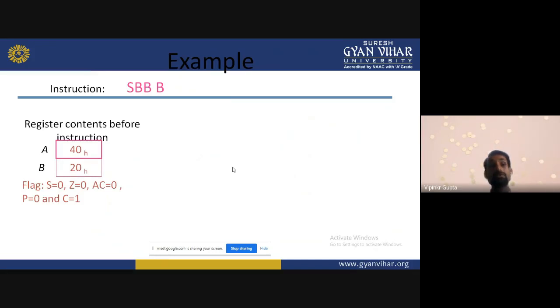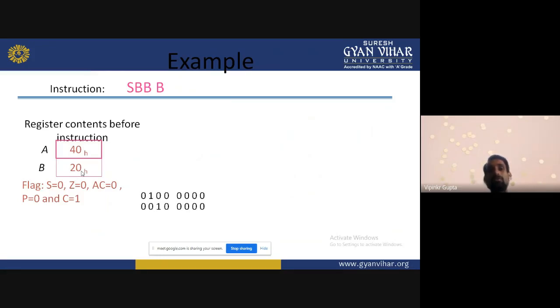In the first operation, move immediate A comma 40, so in the A register, 40H data will be transferred. And after that, move immediate B comma 20H, so 20H is transferred to B.